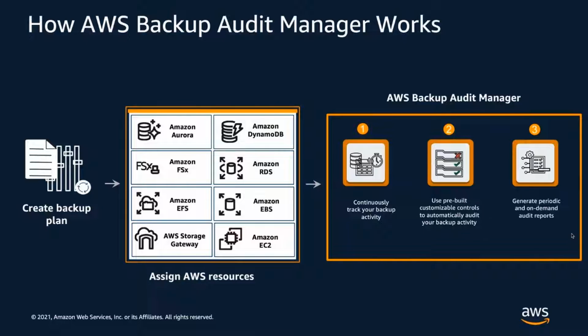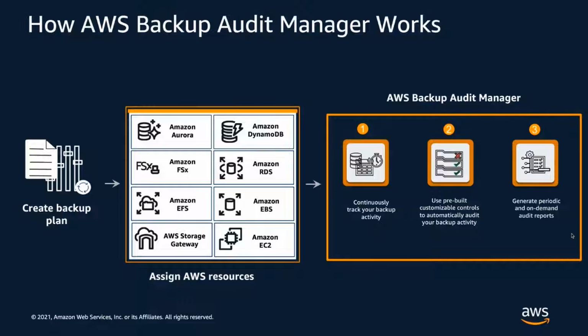First, resource tracking. AWS Backup Audit Manager automatically tracks any configuration changes, meaning any create, update, or delete operation that you perform on your backup plans or backup vaults, and tracks that change history and stores it natively within the product for a period of up to 7 years.